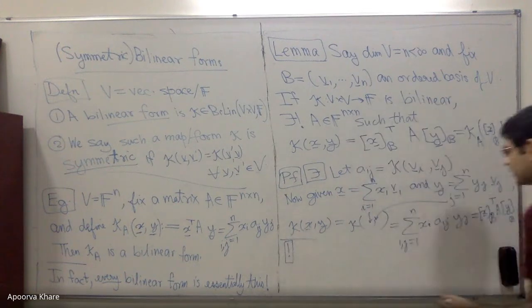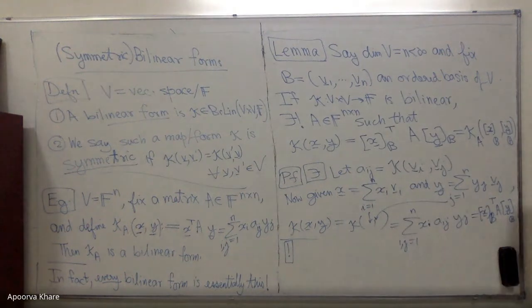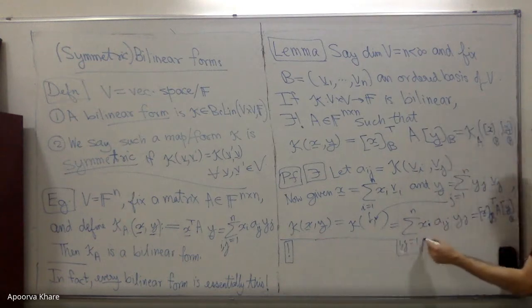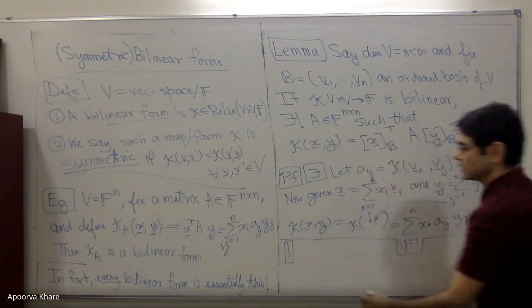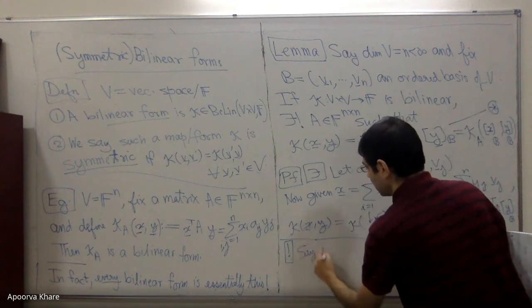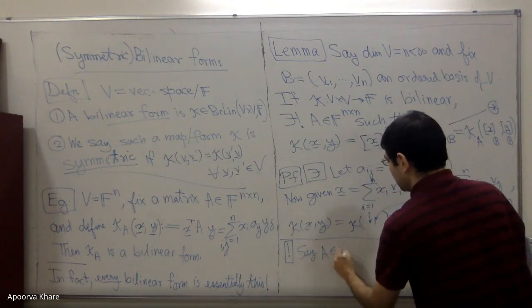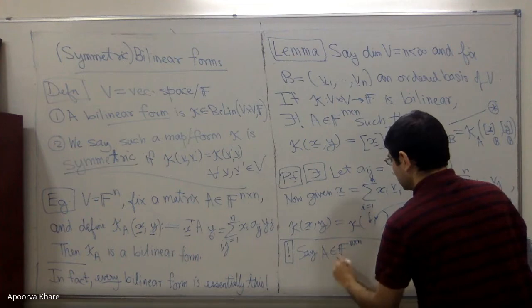Uniqueness is equally obvious. These are just very standard things. How is uniqueness immediately obvious? Well, suppose there is any matrix such that, let me call this equation star. Suppose A satisfies star. Say A prime in F to the n cross n satisfies star.